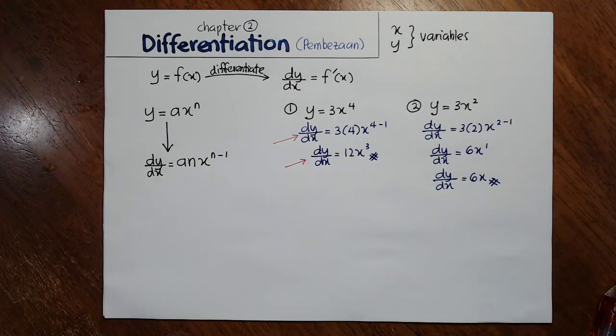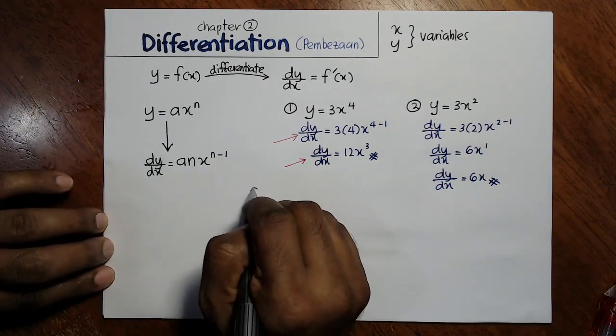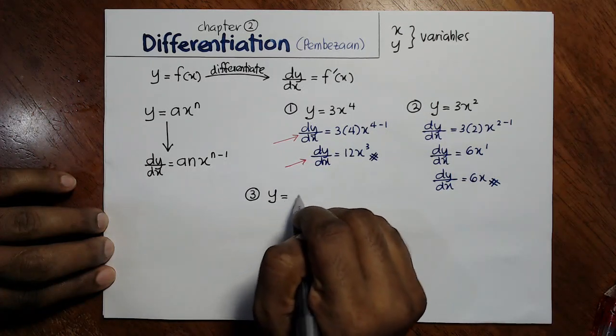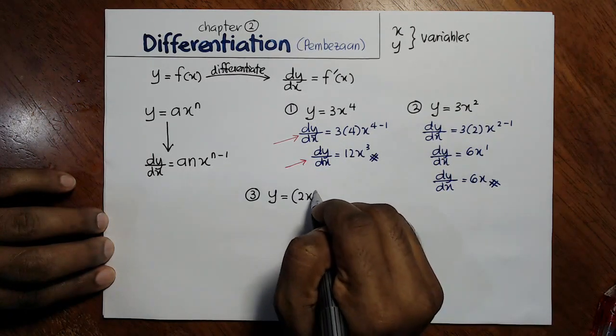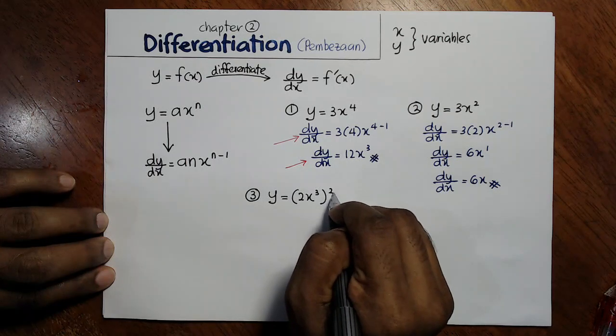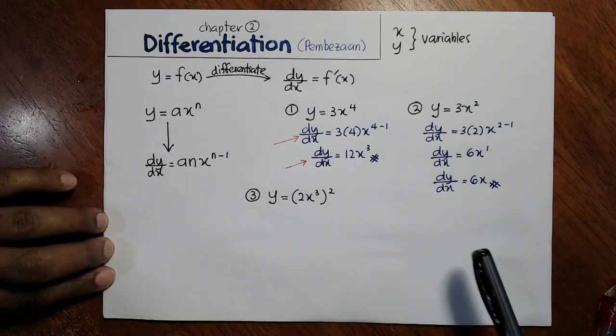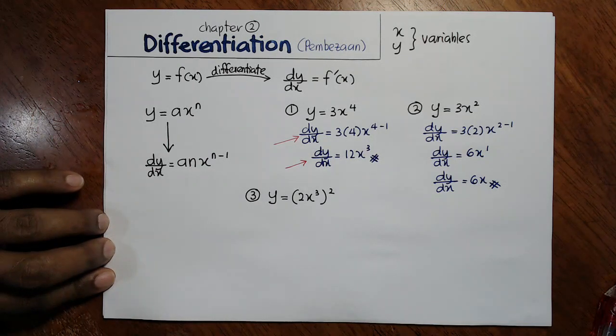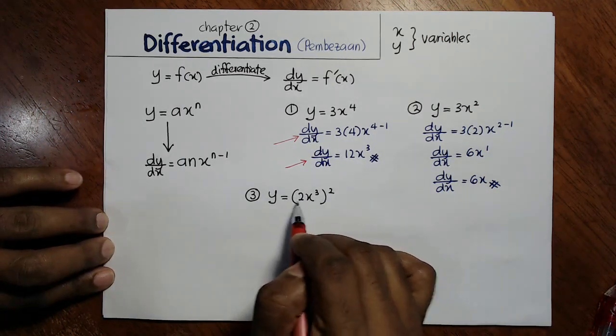Number 3, let's say we have something like y equals (2x to the power of 3) all to the power of 2. Is this in a form where we can differentiate it already? No, because it doesn't look like this. So sometimes we have to do some prepping before we can actually differentiate. What we have to do is square the whole thing.